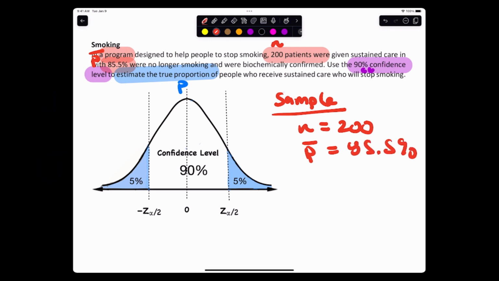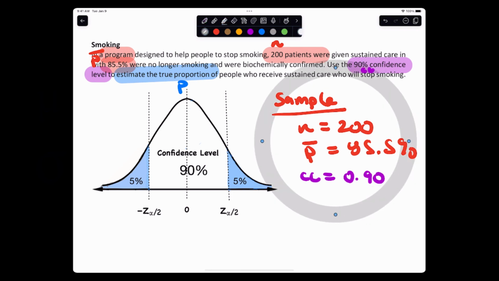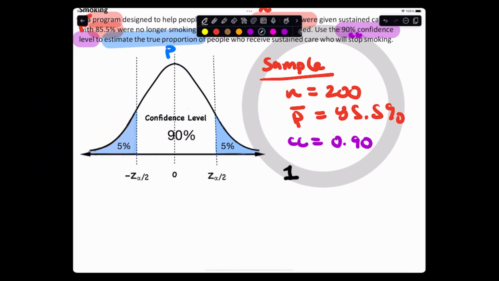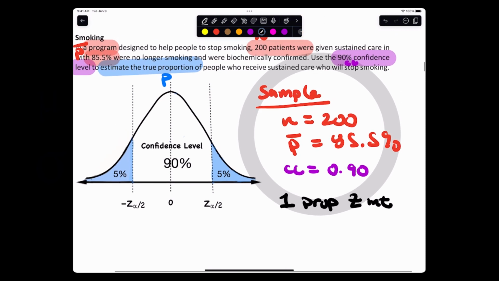And then what's the confidence level? How do you write 90 as a decimal? Good. And then you say, I took Mr. Judge's advice to write down the TI command. 1 proportion what? Z interval.